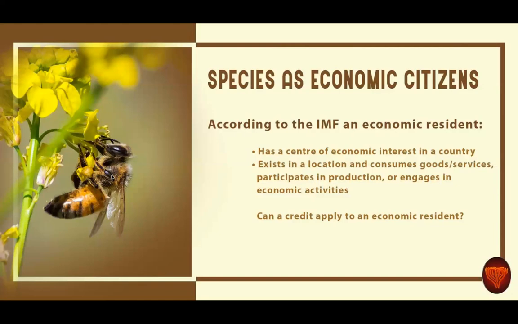Now, I'm sure we can all agree that Yellowstone National Park's wolf population exists in the location of Yellowstone National Park, right? That part of the definition is easy. But then, for the second part of the definition, does the wolf consume goods and services in Yellowstone? Technically, yes.